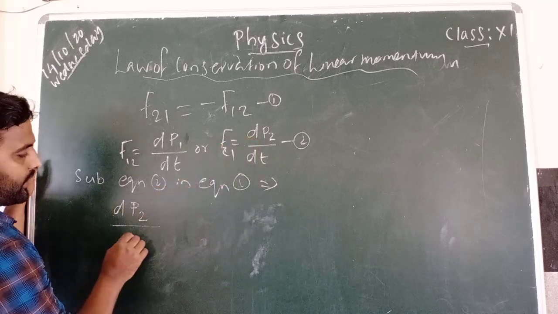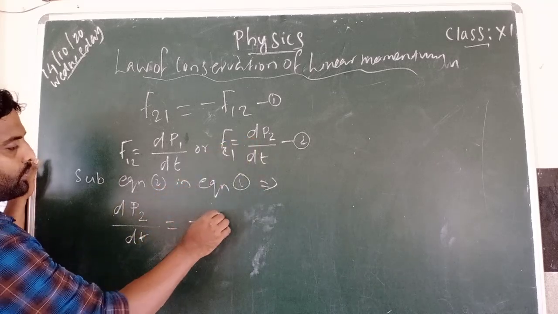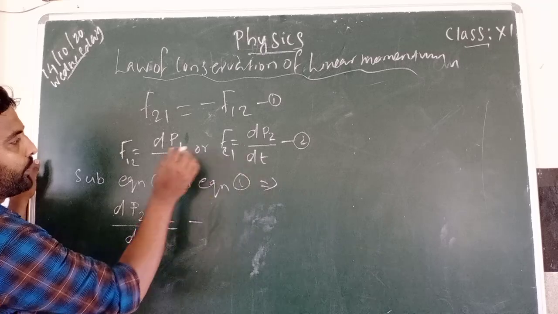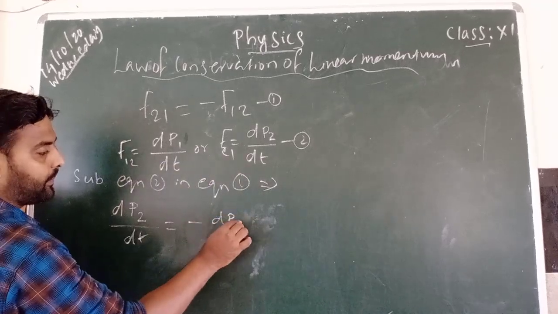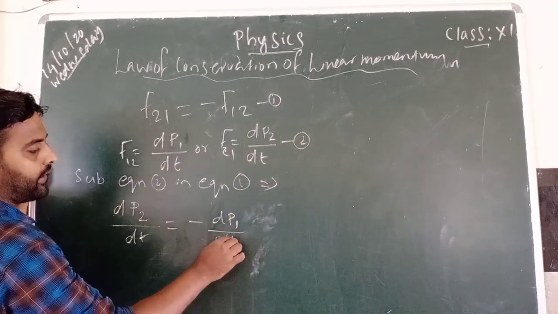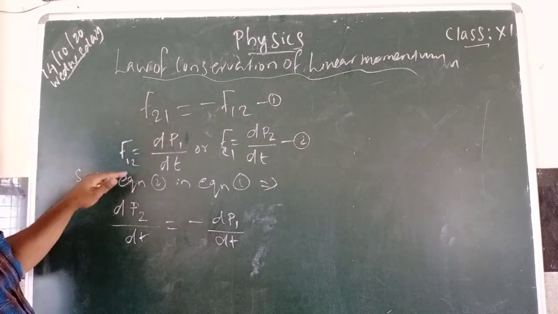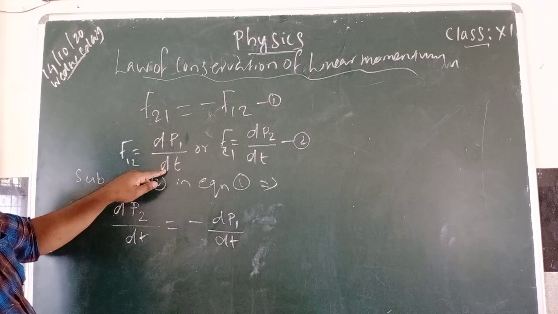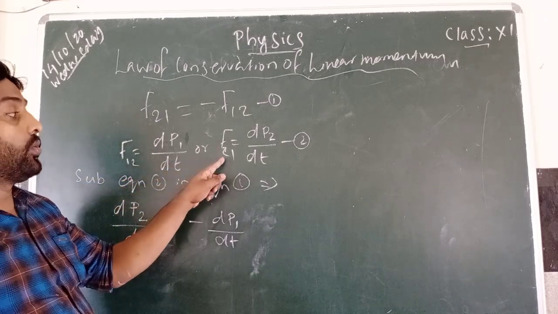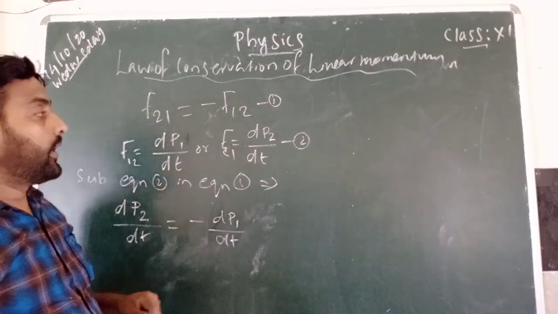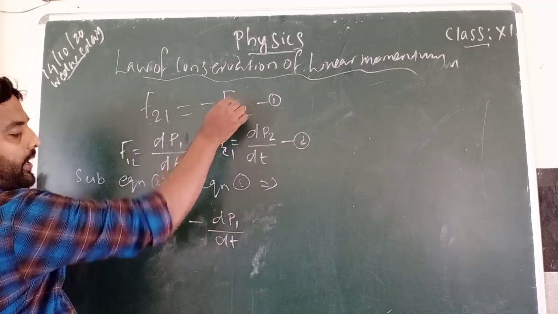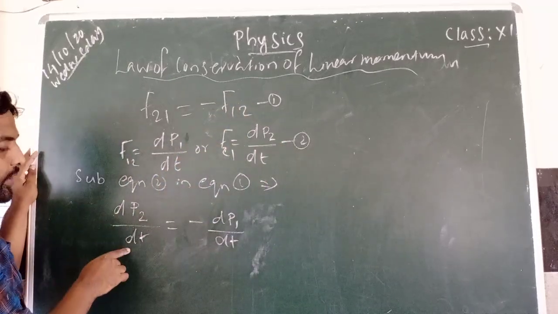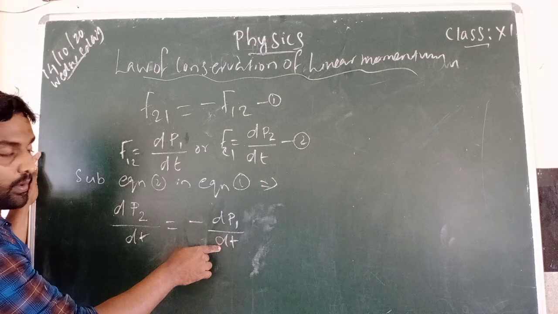So dP2 by dt is equal to minus F12, which means dP1 by dt. The force exerted on 2 is dP1 by dt, and the force exerted on 1 by 2 is dP2 by dt. Substituting, we get dP2 by dt equal to minus dP1 by dt.